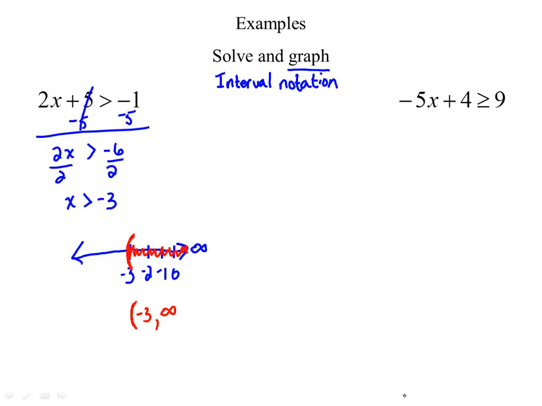What always goes with the infinities? Parentheses. Because you can never equal infinity. You'll never get there. So you're going to have from -3 all the way to infinity. This is what I should see in your work. This is what I should see on your graph. And this is what I should see on the answer line.